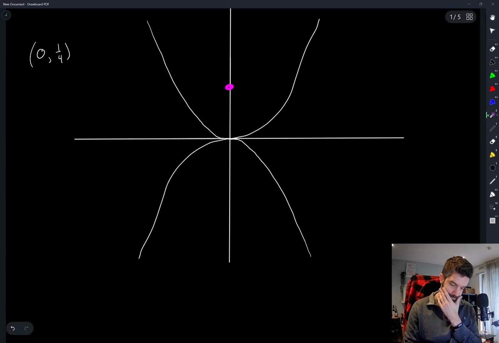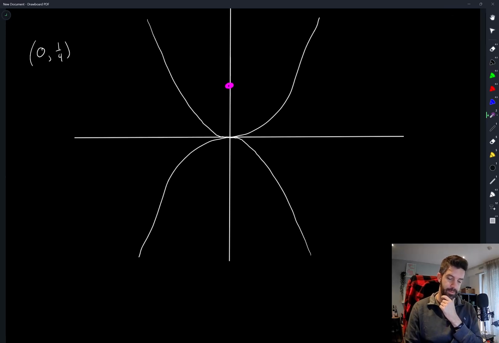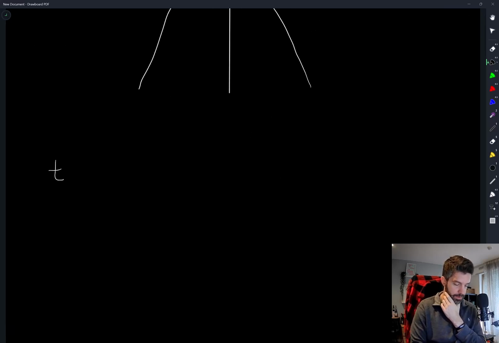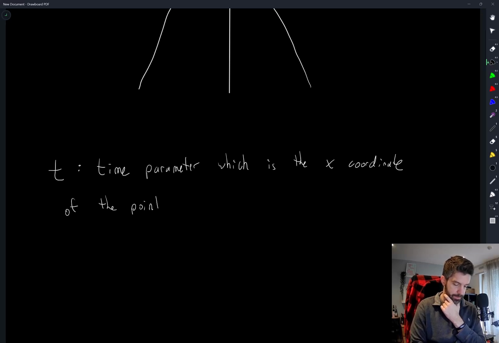And so in fact, I'll call this t. T is our parameter. Think of it as a time parameter, which is the x-coordinate of the point of contact of the two parabolas.